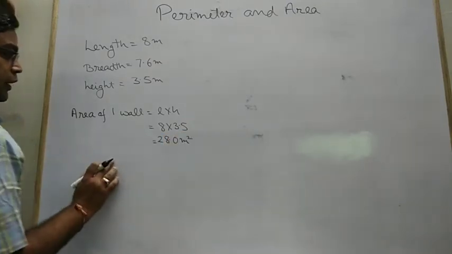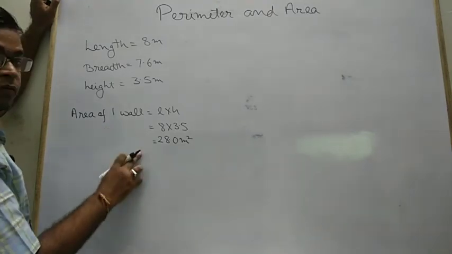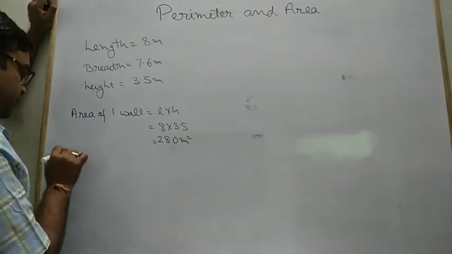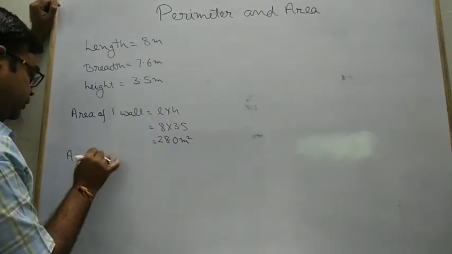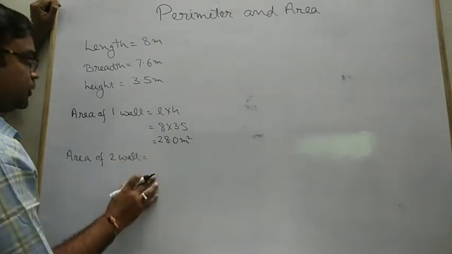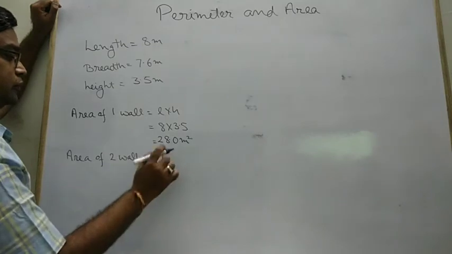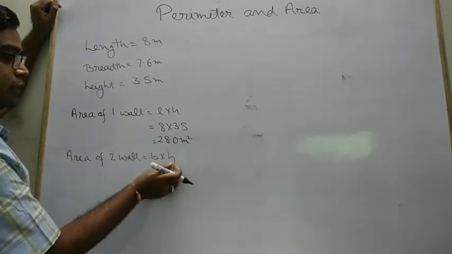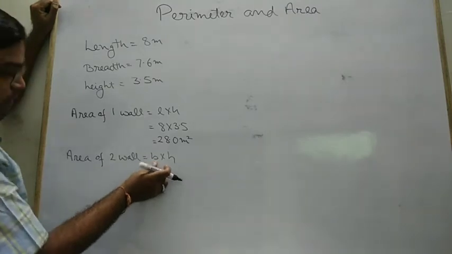This is the area of first wall, and there are two same type of wall. But wait, area of second wall means the side wall. Area of second wall is breadth into height, because height is always constant. One wall is on length side, one wall is on breadth side.